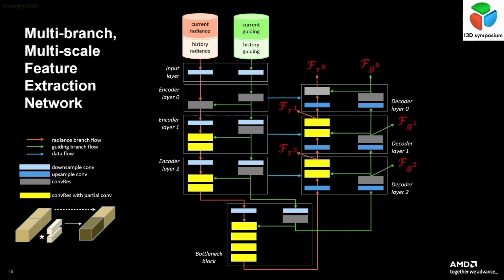These partial convolutions help us to reduce the total amount of convolution computation, that's basically the matrix multiplication, so that we can reduce our total computation and finally have a more lightweight network model. So this is our final proposed multi-branch, multi-scale feature extraction network for our denoising and joint upscaling technique.